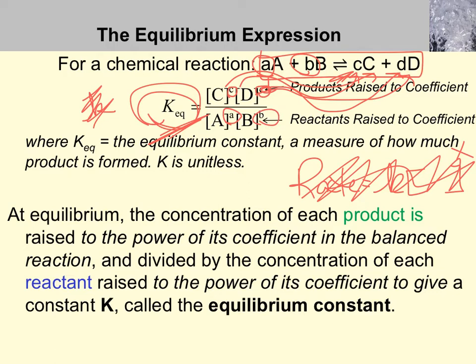So again, the equilibrium constant is products over reactants raised to whatever the coefficient of each substance is. K eq is a constant. So for a particular reaction, it's a set value at a specific temperature. I will say over and over here, the only thing that will change K eq, the equilibrium constant, is temperature.